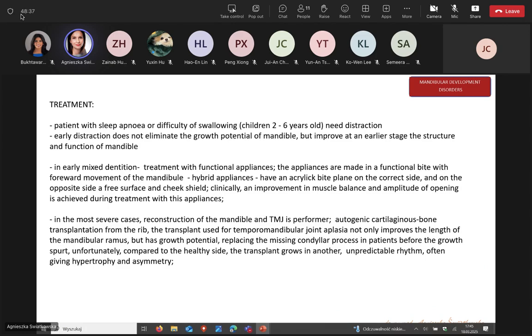Unfortunately, compared to the healthy side, the transplant grows with an unpredictable rhythm, often giving asymmetry also. But we still have function.